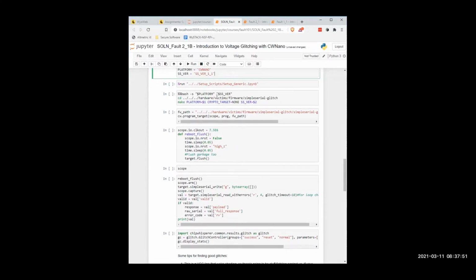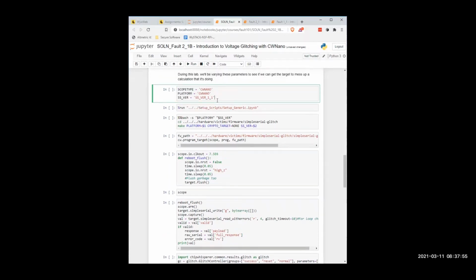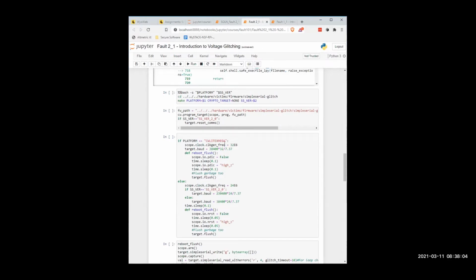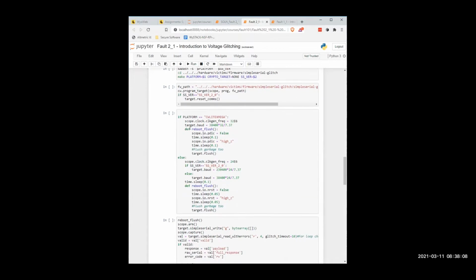CW light arm. That's not what we're using. So if you look, there is a significant difference.